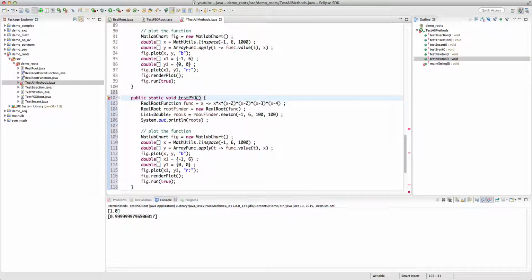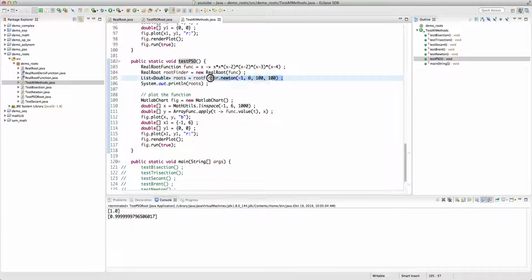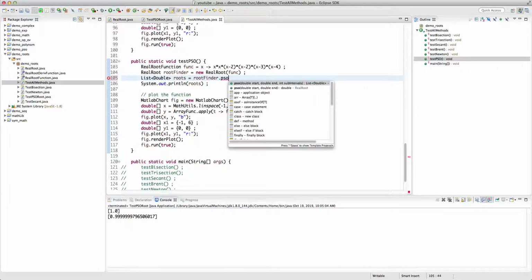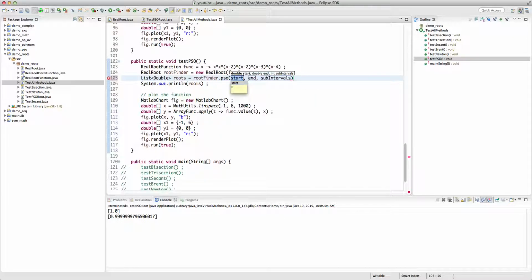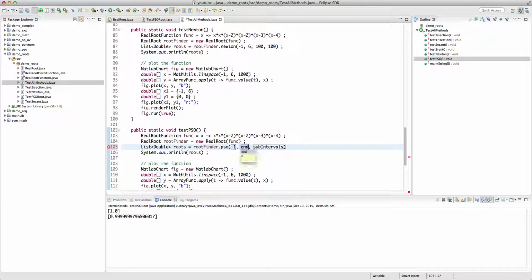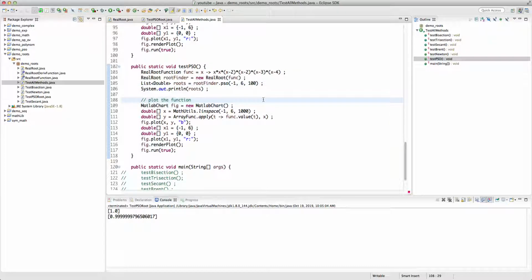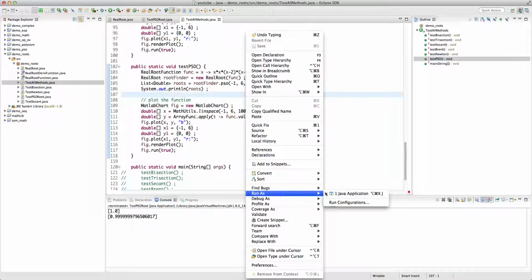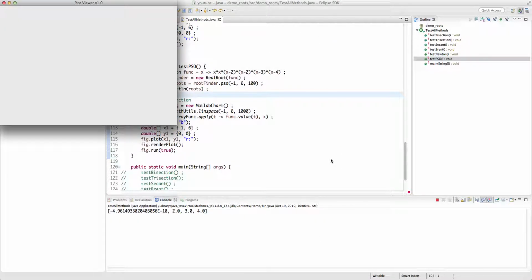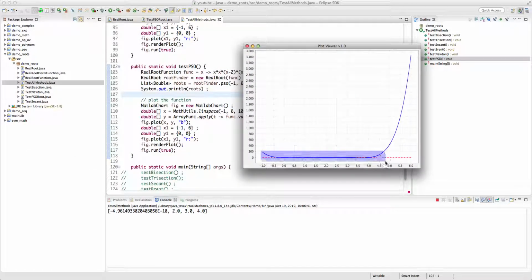Test PSO, and in the PSO we're going to call the PSO method that returns a list, and the interval was -1 to 6 with 100 subintervals, and we're also plotting it, so we're plotting all the roots.